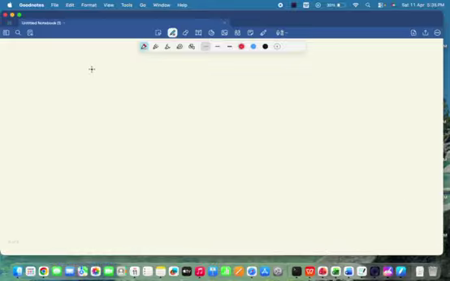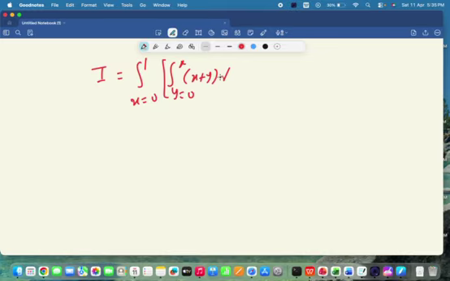Since I is equal to, we have already put it, x is equal to 0 to 1 and again I'm writing y is equal to 0 to x, x plus y dy and then dx.